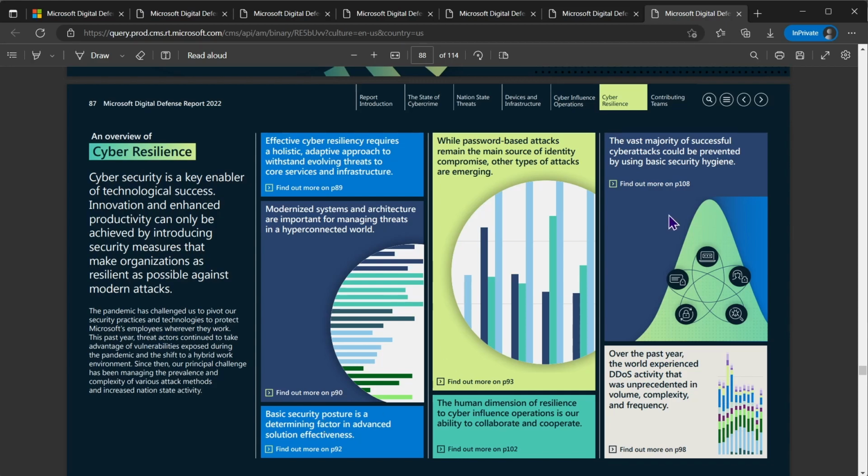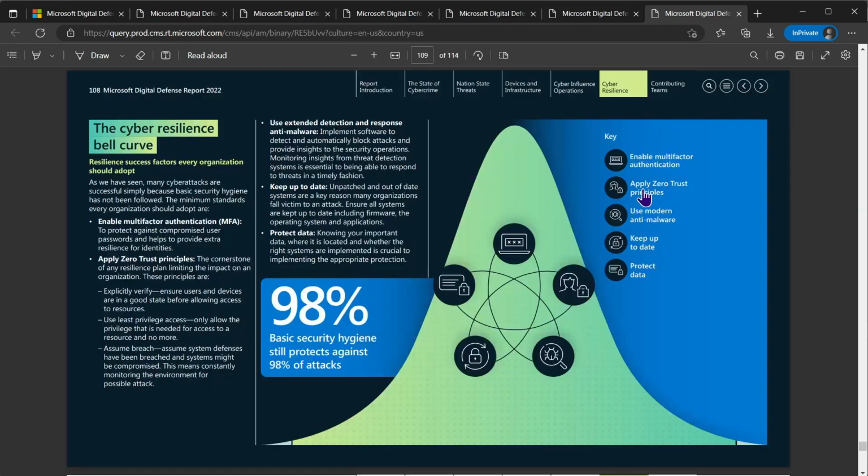Now, when we think of basic security hygiene, I will take the time to go to this particular page here, which is the bell curve of basic security hygiene. According to the report, 98% of attacks can be protected against by utilizing 5 principles, 5 tenets, in your security. And these are it right here.